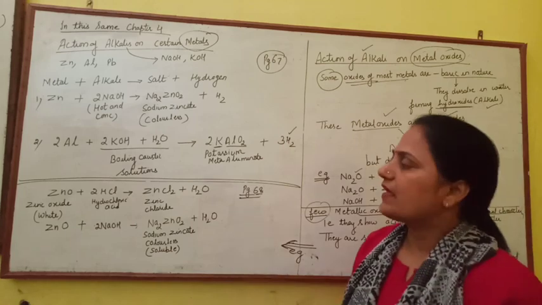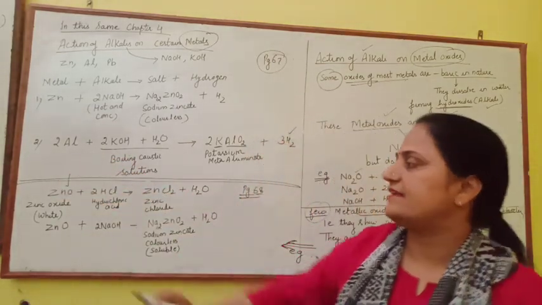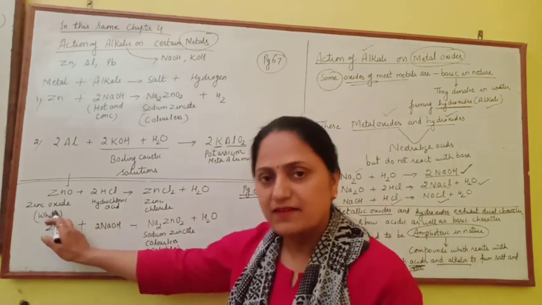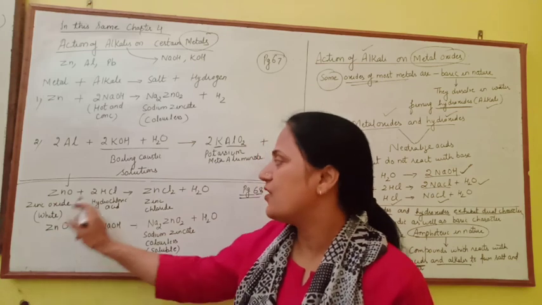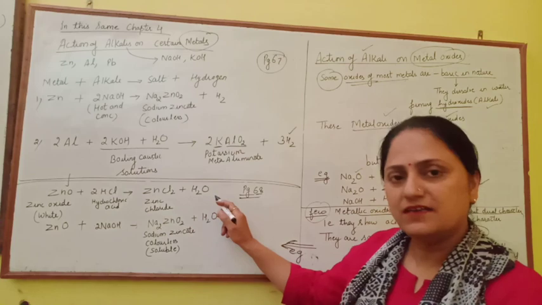Let me show you. Here I am taking the example of an amphoteric oxide, that is zinc oxide. This is a metallic oxide, but it is an amphoteric oxide. It reacts with acid, it forms salt and water.